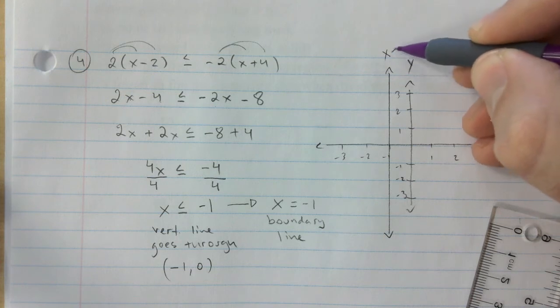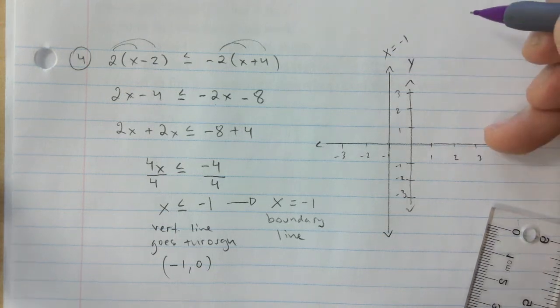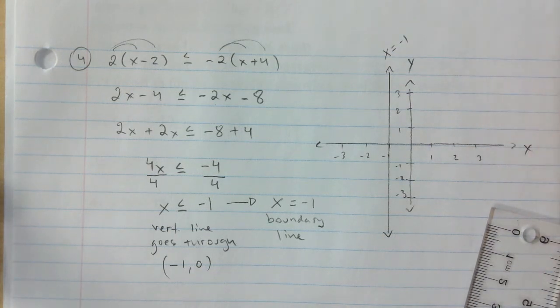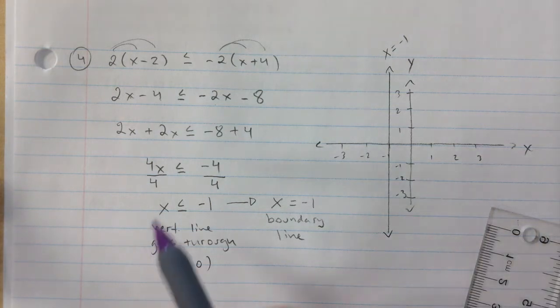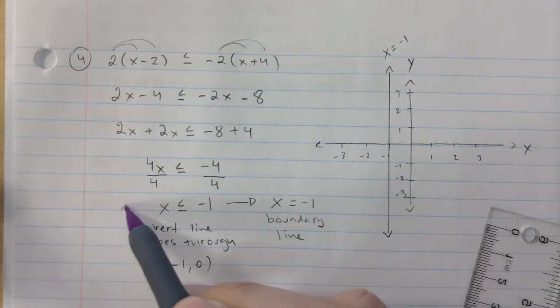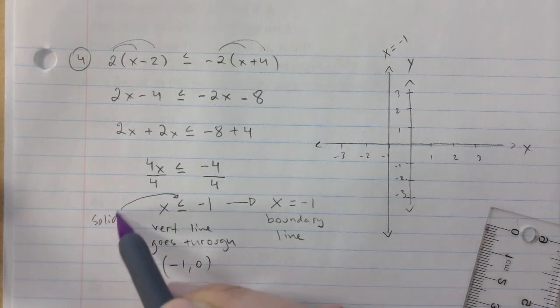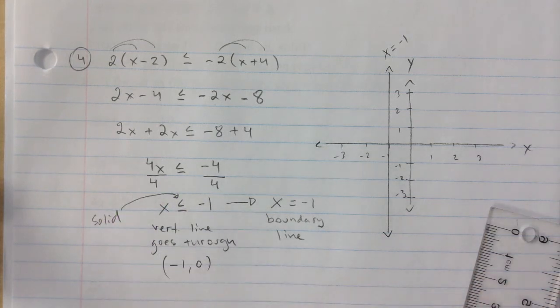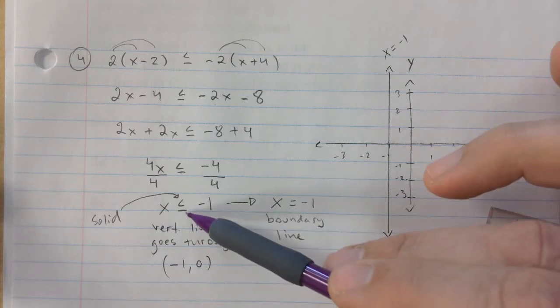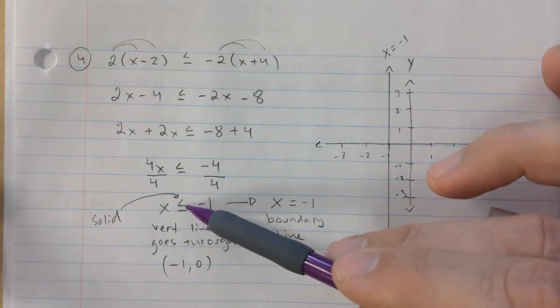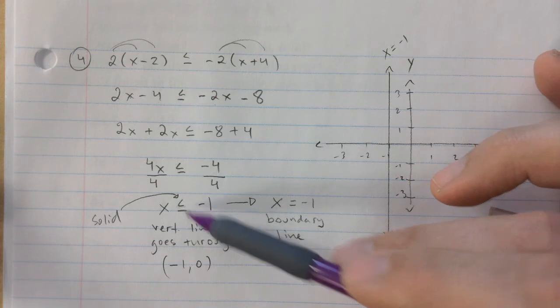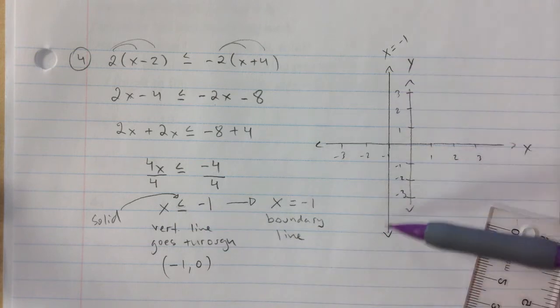So this is the line x is equal to negative 1. And I will just make a little arrow going there. It's going to be solid if you have the equal sign, because this is saying less than or equal to, meaning that the line is included in your solution here.